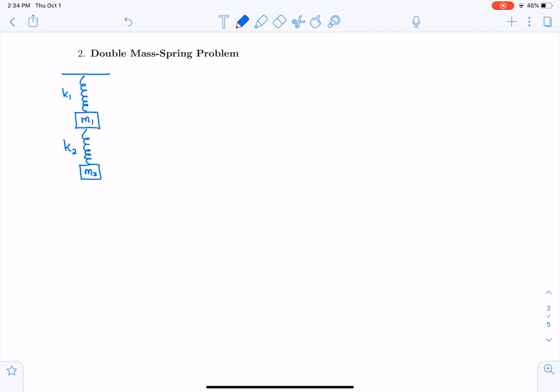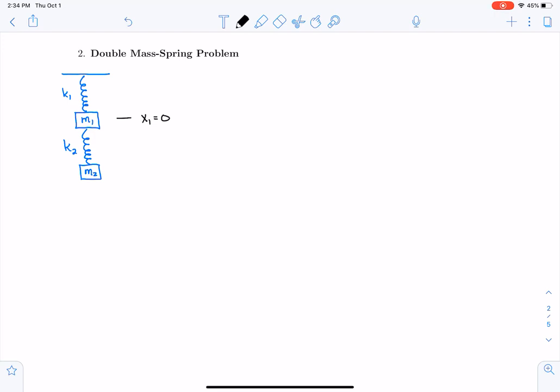So to look at this problem, we're going to need two sets of coordinates. We're going to need the position of the first mass. So imagine that they're right now in equilibrium. So we will call this the x1 axis, where x1 is equal to 0. That's going to be equilibrium.